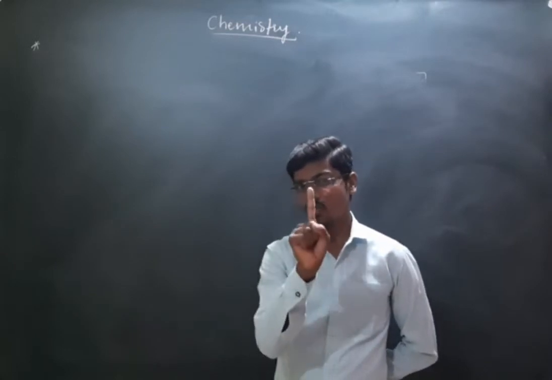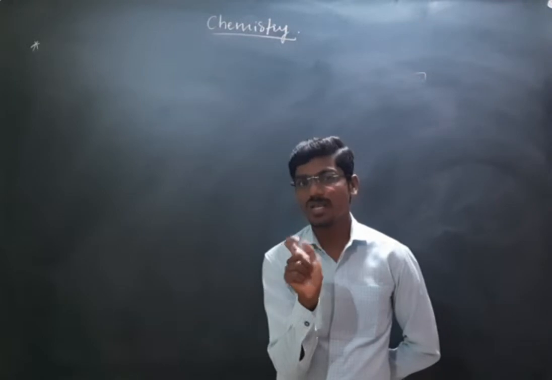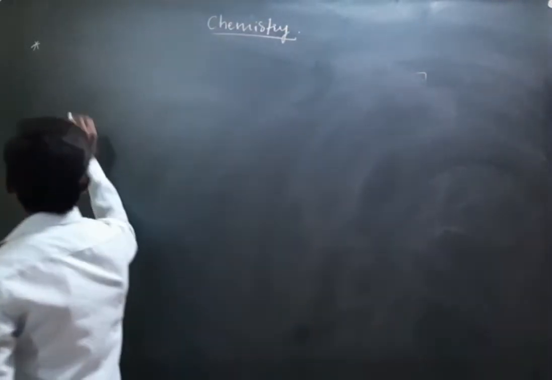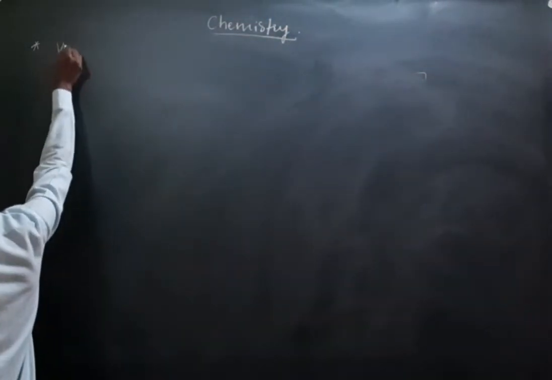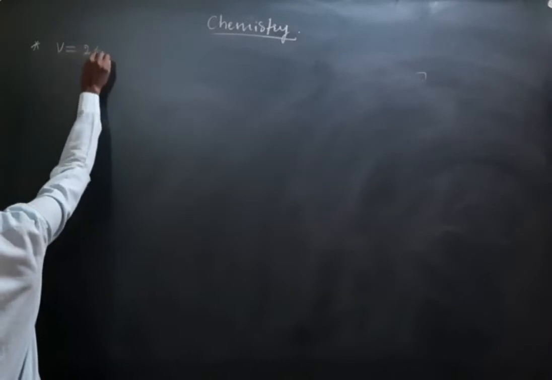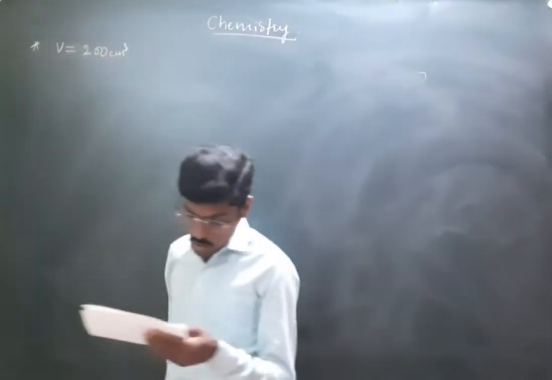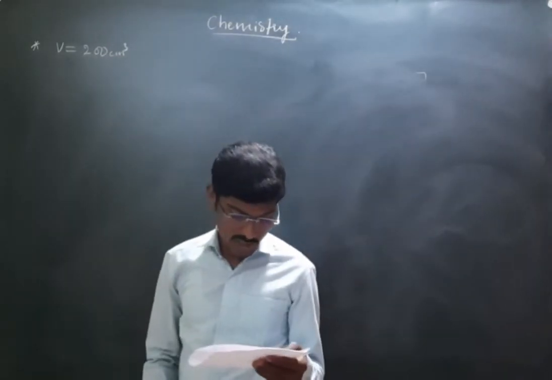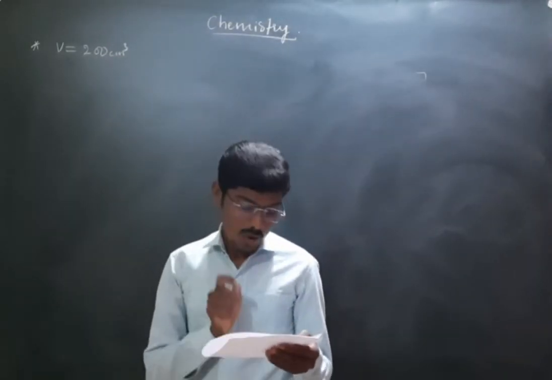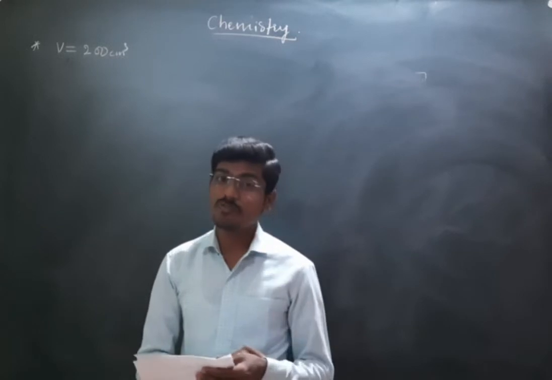So in this line, one term is given, 200 ml. That is, volume is given: 200 cm cube or 200 ml. This 200 ml of aqueous solution of protein contains 1.26 gram of protein.